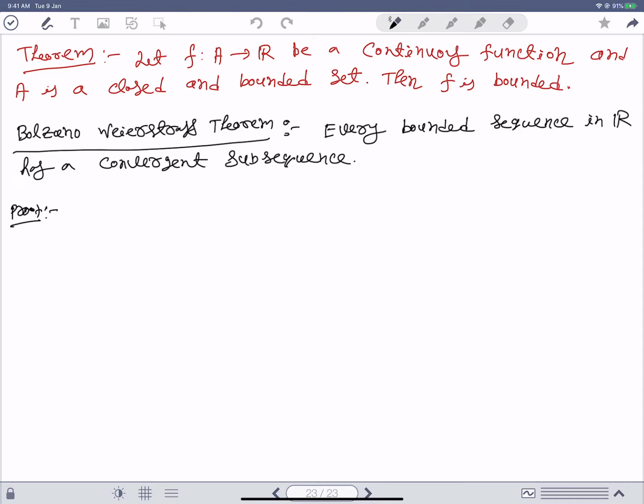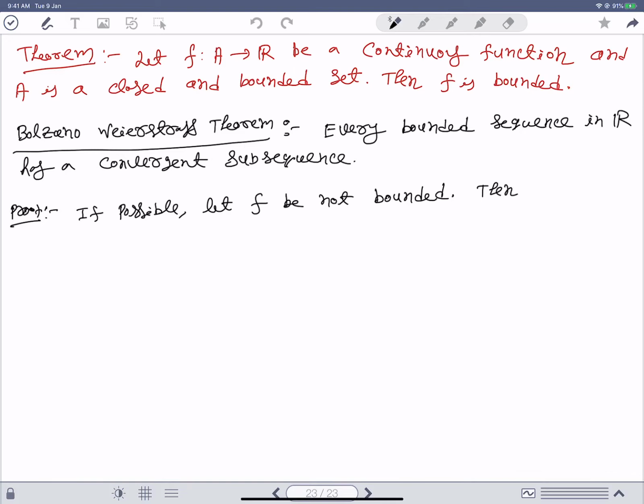That is, if f is a continuous function and the domain is a closed and bounded set, then the function f must be bounded. So if possible, let f be not bounded. So we first assume that; if it is possible that f is not bounded, then what will happen?